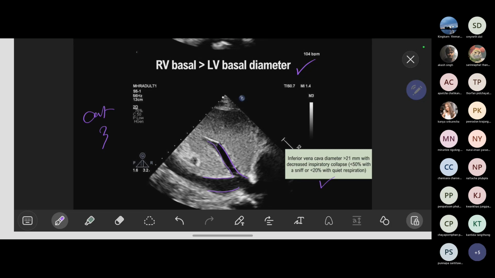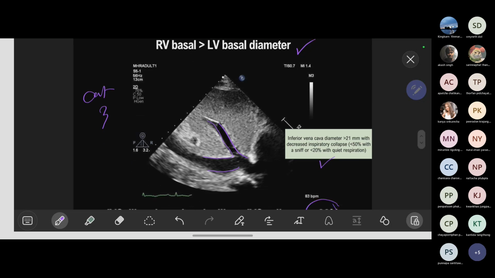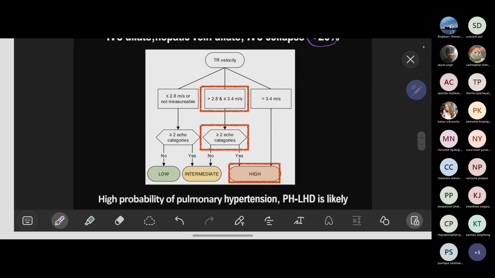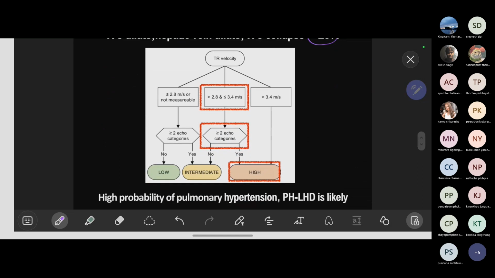So he has two categories, right? We can conclude that the patient has high probability of pulmonary hypertension from left heart disease, because he has severe mitral regurgitation.